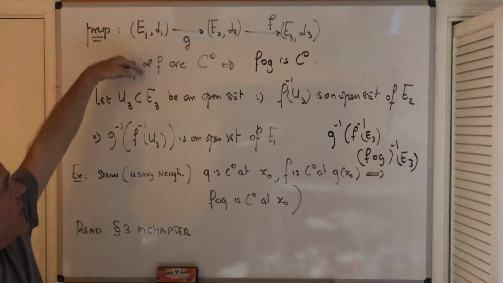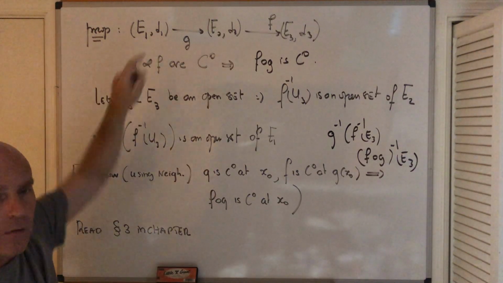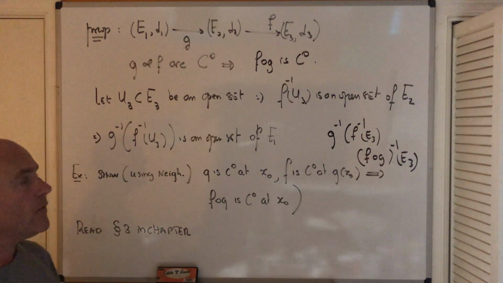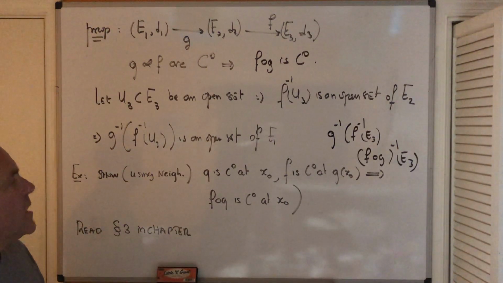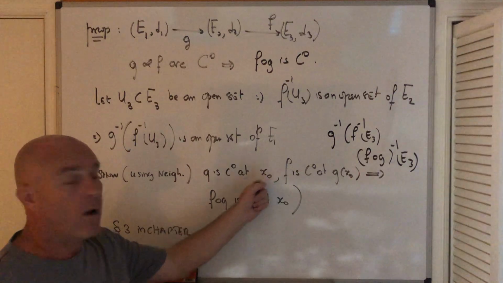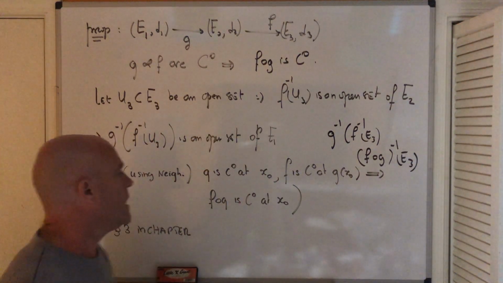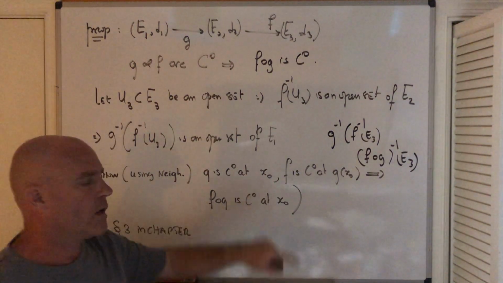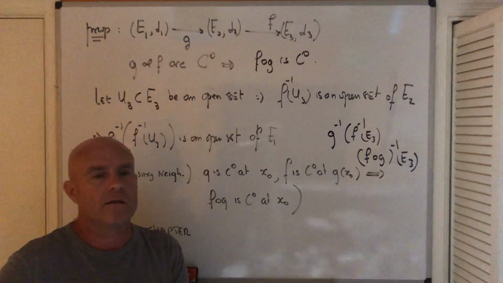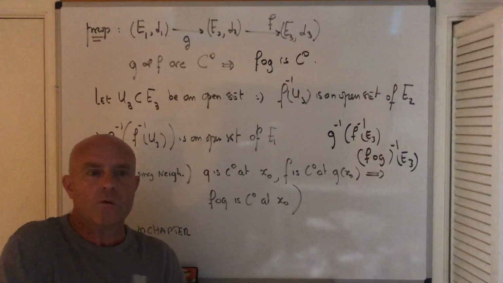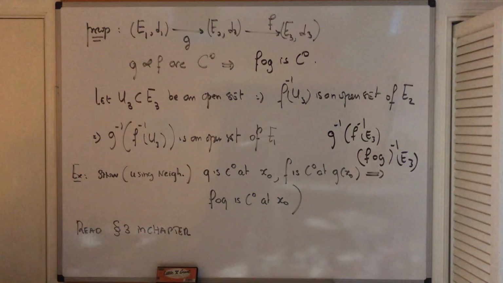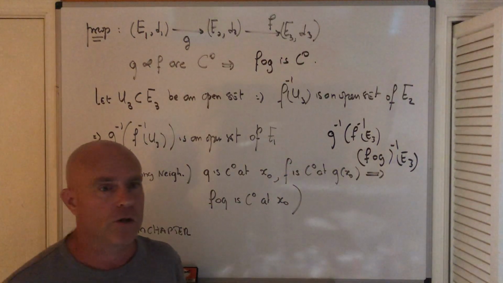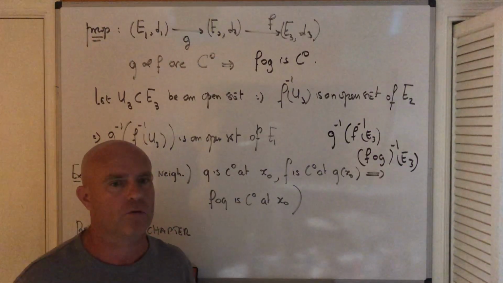Take f composed with g at x0, and I claim that if g is continuous at x0, a priori only, and f is continuous at g of x0, then f composed with g is continuous at x0. You just have to rephrase open set by a neighborhood, and it goes pretty much the same. You don't even have to touch the metric. This is also the beauty of topology. Sometimes you don't have to touch much the metric.